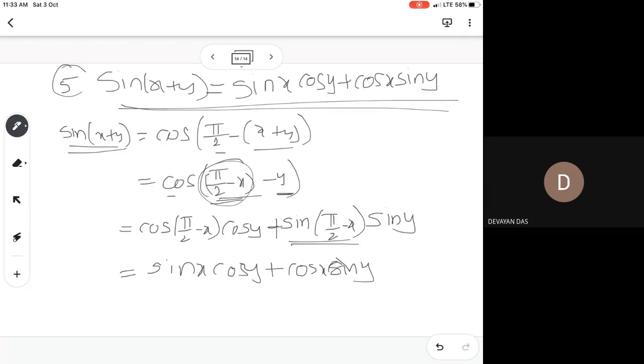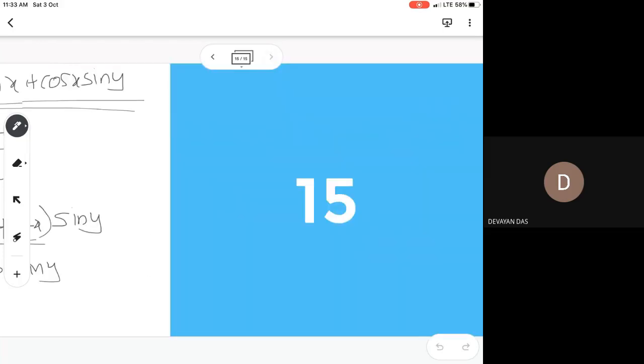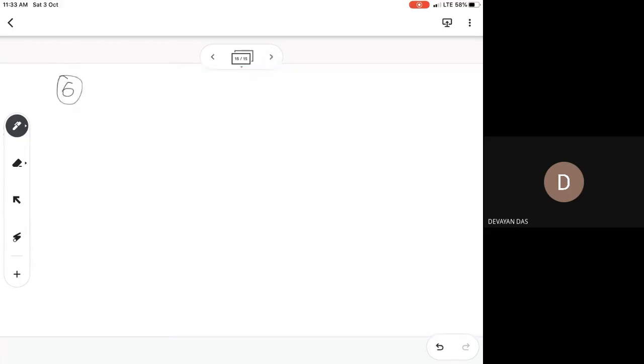Sin of (x plus y) is equal to sin x cos y plus cos x sin y. In the same way, the remaining results also you can prove. Sin of (x minus y), can you say what it is equal to? Same, sin x cos y minus cos x sin y.